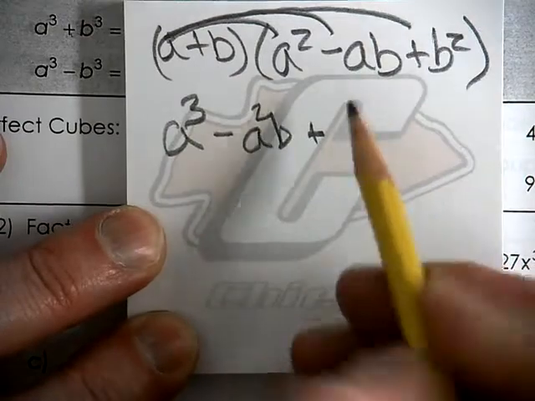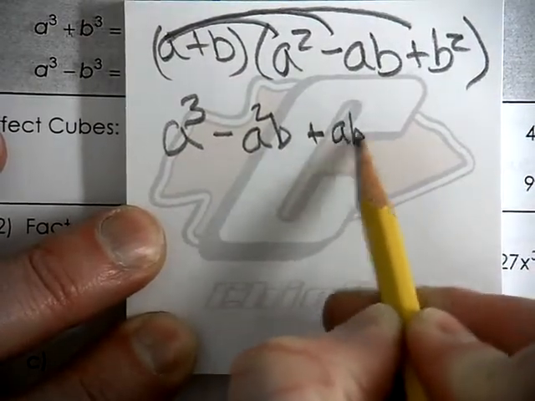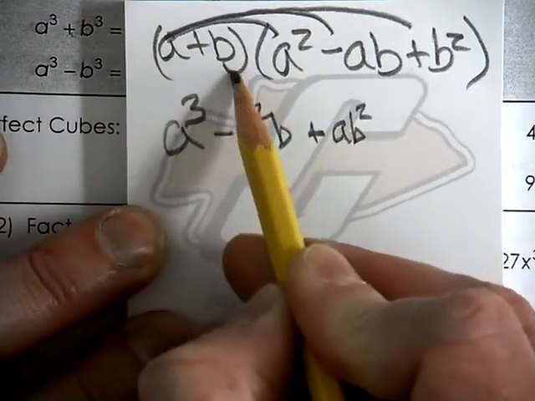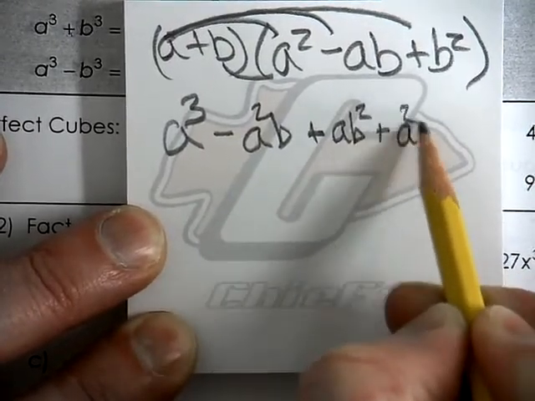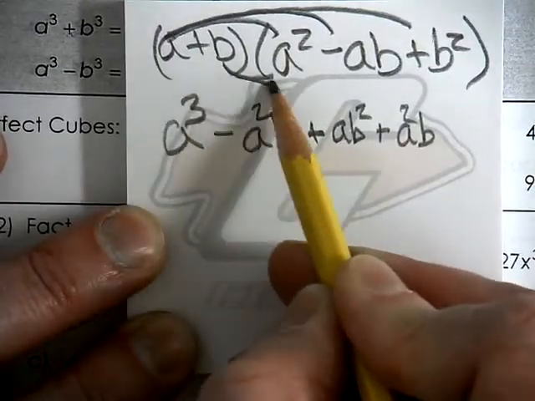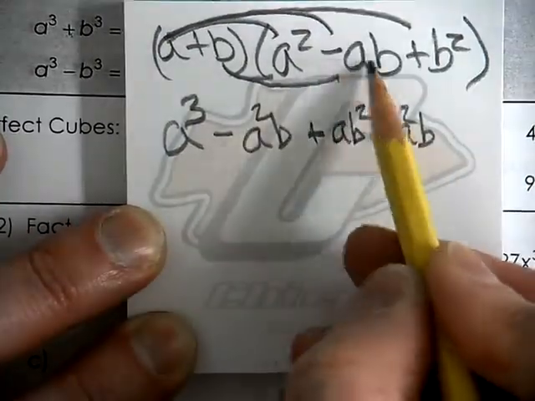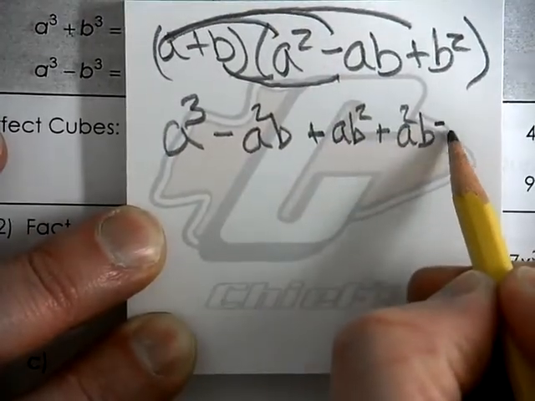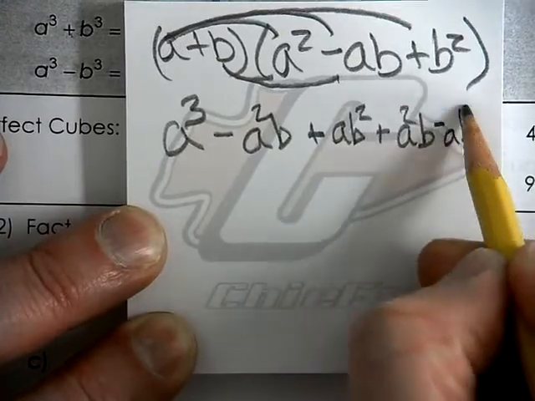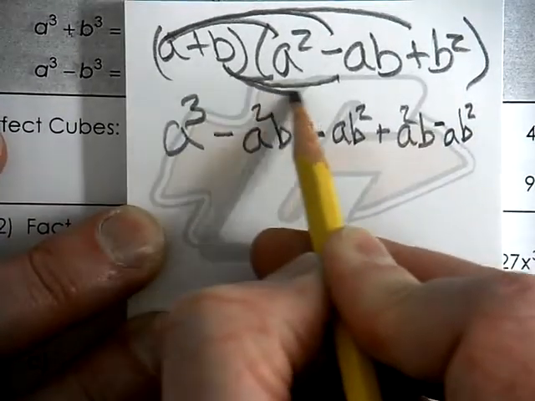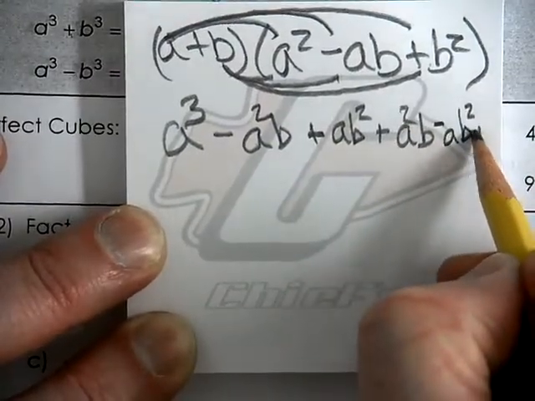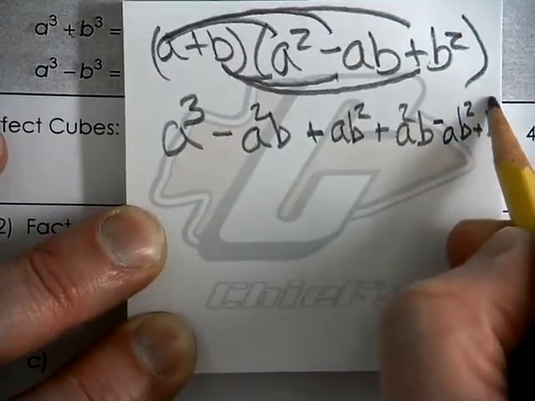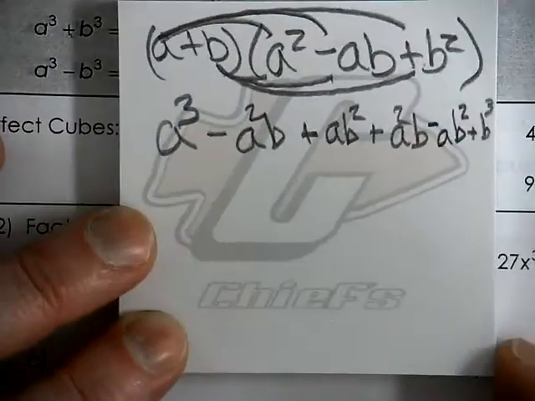So our a times our b squared is ab squared. B times a is a positive a squared b. B times negative ab gives us a negative ab squared. And trying to fit this in here still, we got b times b squared gives us b cubed.